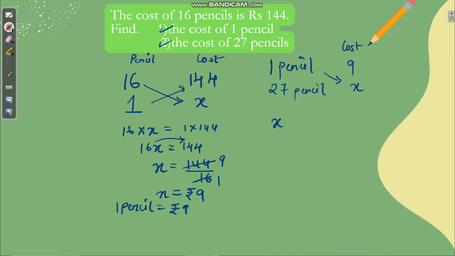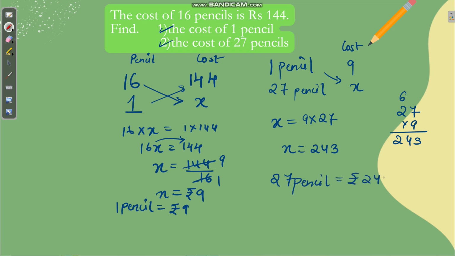So 1 into x is equal to 9 into 27. Once you find the cost of one, just multiply by whatever they have asked. 9 7s are 63, 9 2s are 18, 24. So the cost is 243 rupees. The final answer is the cost of 27 pencils will be rupees 243.